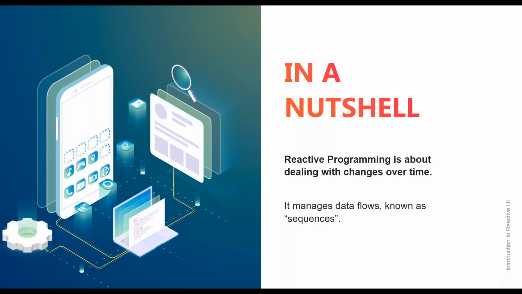It's a bit abstract, what I just read, and well, it's just a definition. In short, reactive programming is handling the changes over time, and the changes are handled using some software artifact that is called sequences.